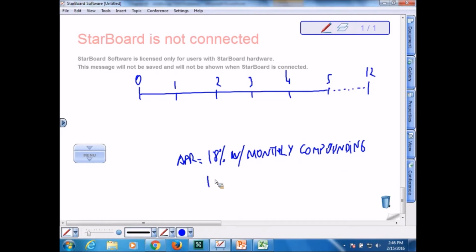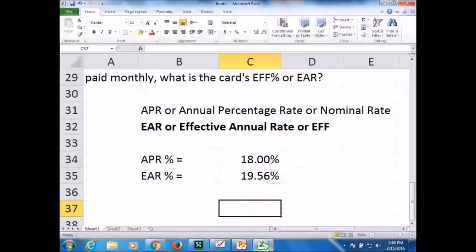To get the monthly rate, I would do 18 divided by 12 months. 1.5 per month, no? So our interest rate is 1.5 per month. We have $100 today. How much will we have after 12 months? More than 120, or no? Let's see it.